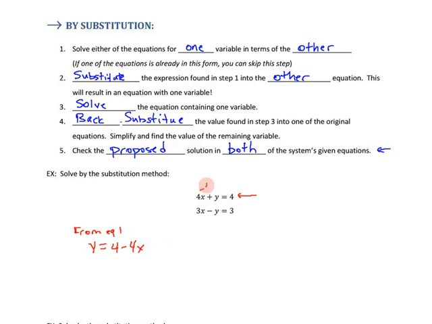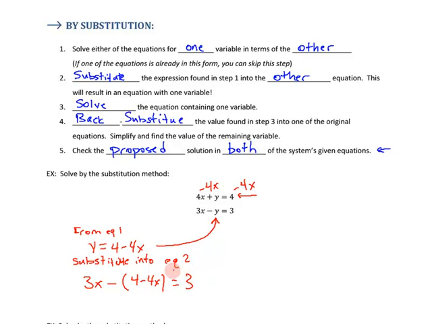All I did was subtract 4x from both sides. Okay? Now substitute into equation 2. That is, take this and stick it in where there's a y right there. So I'll have 3x minus, in parentheses, 4 minus 4x is equal to 3.